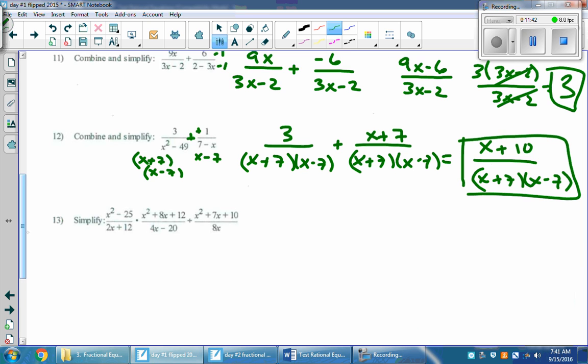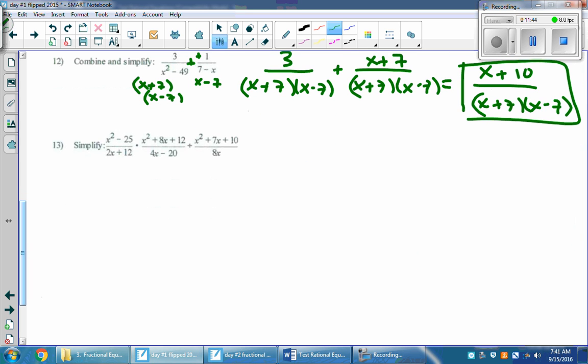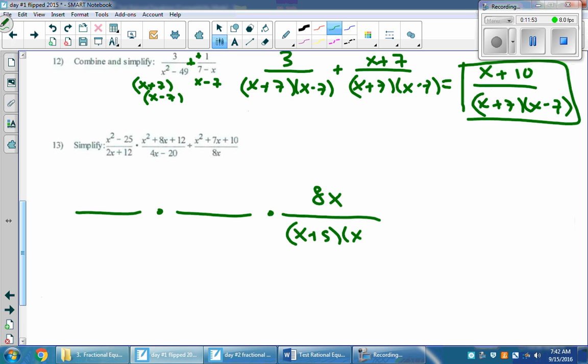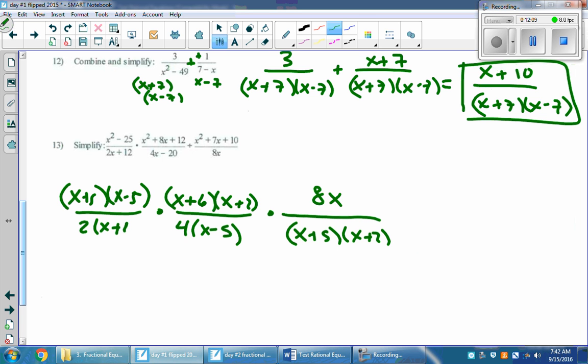And the last one, it's a combination of multiplication and division. So I'm going to go multiplication, multiplication, flip this one as I factor it. Again, there's really no multiplication or division. It's can you factor? x plus 6, x plus 2, DOPS, x plus 5, x minus 5, 2, x plus 6.